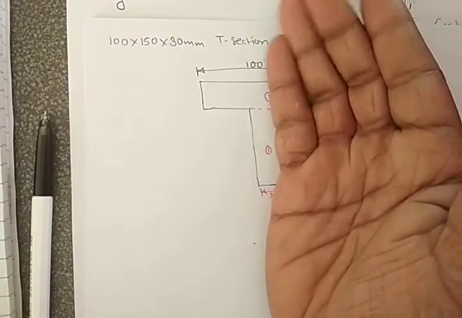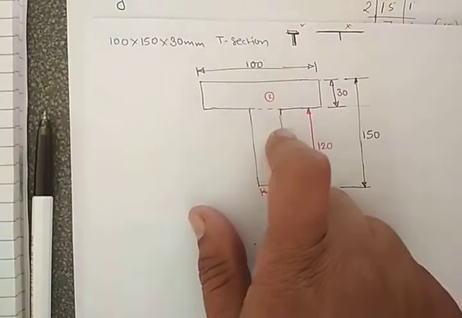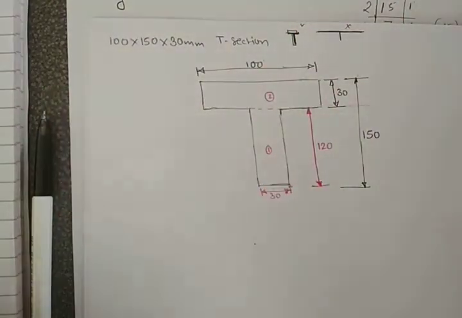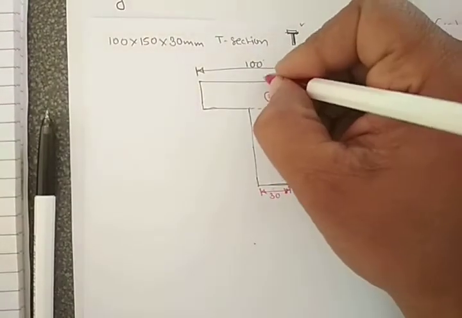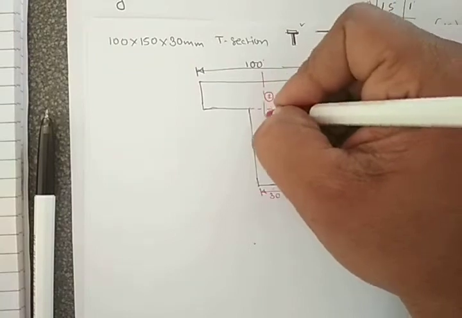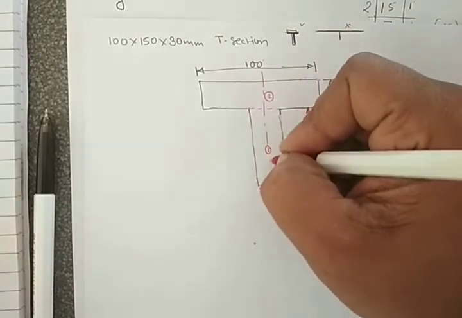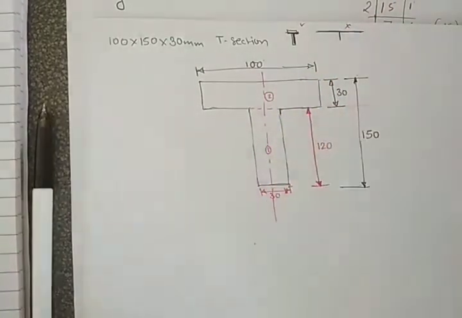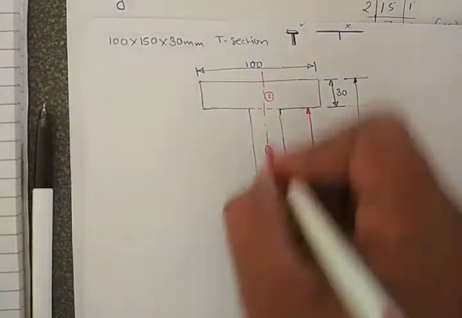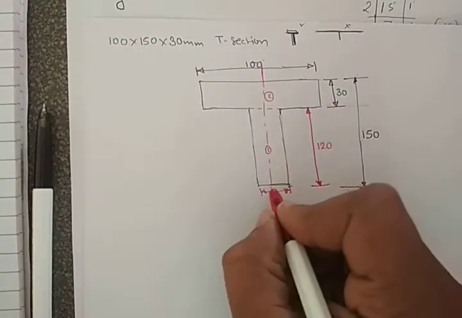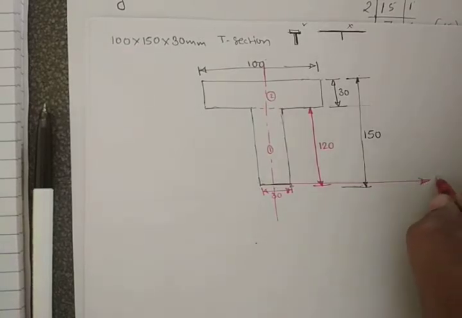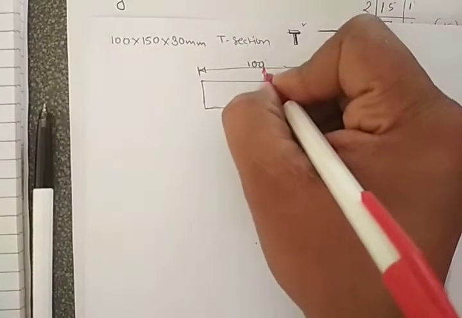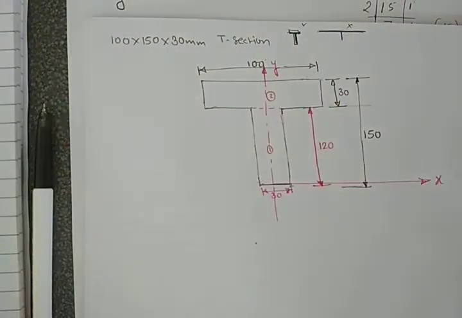That is nothing but a symmetric one. So is this symmetric? Yes, this is symmetric. Then where is the symmetric line? It is passing through the center of the figure, isn't it? Okay. Now I'll draw one line here and one line here. This I call X and this one I'll call Y.